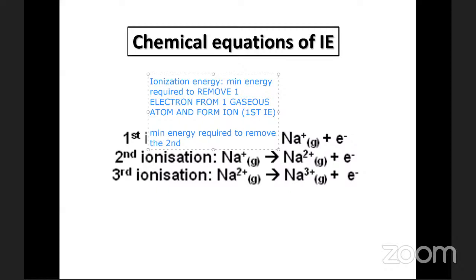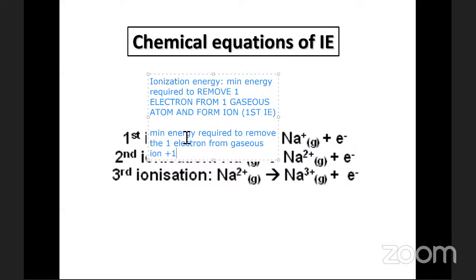You can also define it as removing one electron from a gaseous ion with positive one charge. It's the same meaning. Actually in IB, they only emphasize the first ionization energy. So the definition is to remove one electron from one gaseous atom and form an ion.